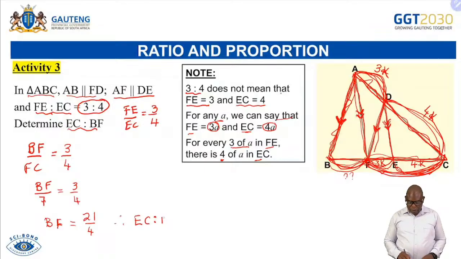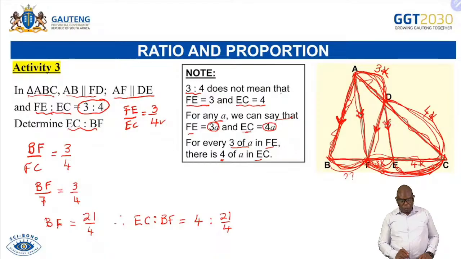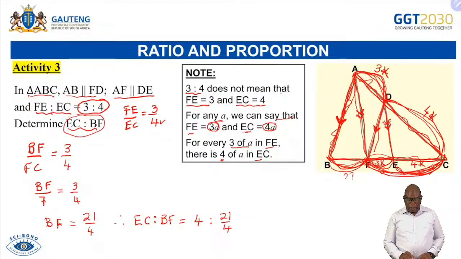I want to write it as well as BF there. So I write down the answer. My EC is 4, that was given. But my BF is 21 over 4. Right, so that is the ratio that they're looking for. EC is to BC will be 4 is to 21 over 4.